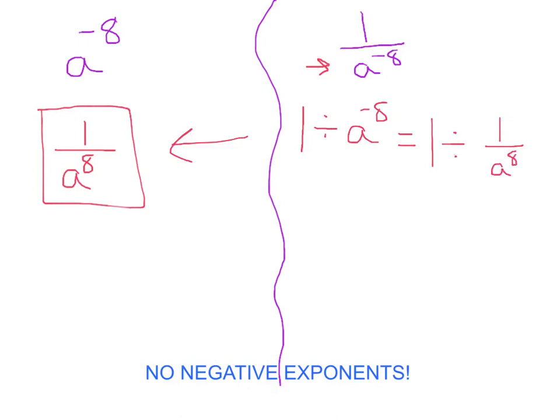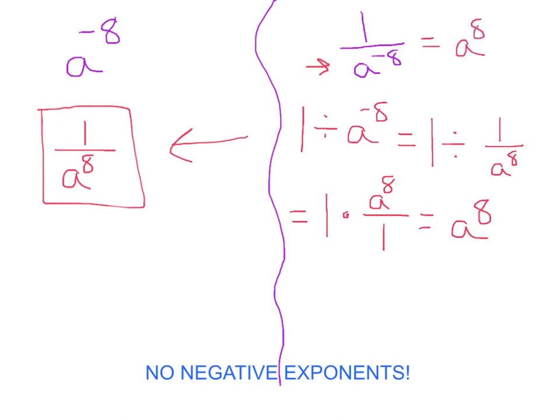And now we're dividing by a fraction, so I'm going to keep it, change it, flip it. Keep the 1, change it to multiplication, and then flip it, so it's a to the positive 8 over 1. And when you multiply, you get that it just equals a to the positive 8.